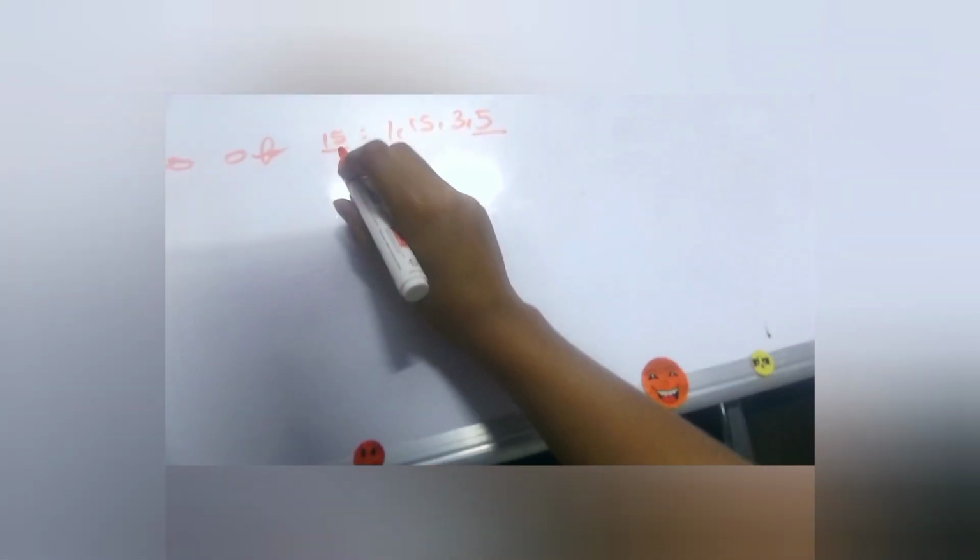Yes, this 5 is not half of 15, but it is the last factor of 15 before 15. So composite number 15 has 4 factors.